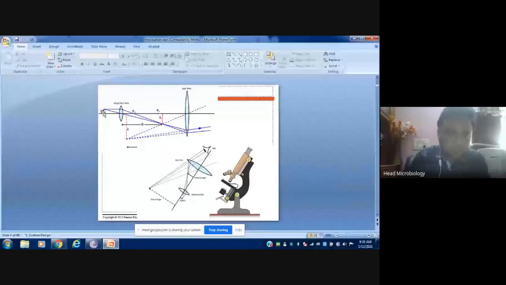Initially you keep the object away from the focal length, and an image will be created. This is the first image, which is inverted and magnified, created on the other side. Now this is the eye lens, and its focal length is FE, the focal length of the eyepiece.